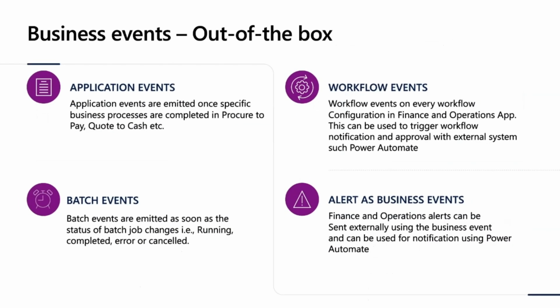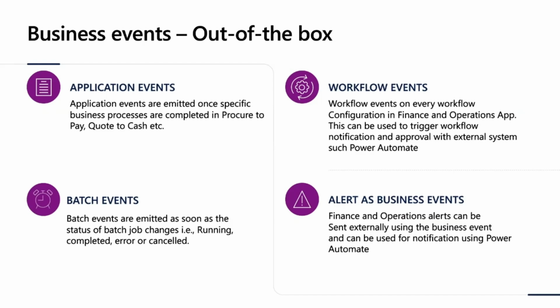Now, there are a few main types of events which we provide out of the box. Application events, where you have different business processes in the procure to pay or quote to cash area. One simple example could be once you post a customer invoice or a sales order is delivered. These are some of the key business processes within procure to pay or quote to cash.